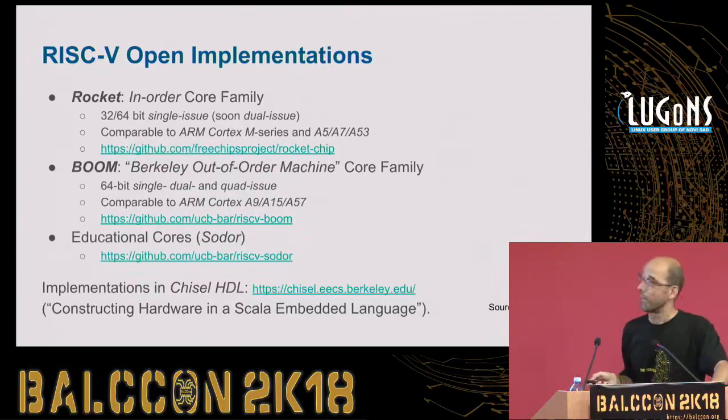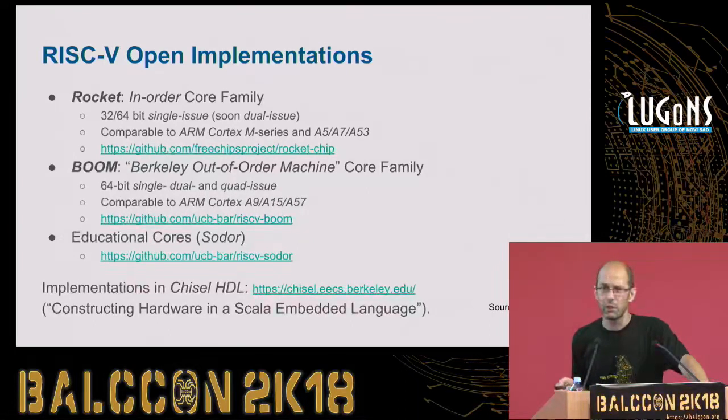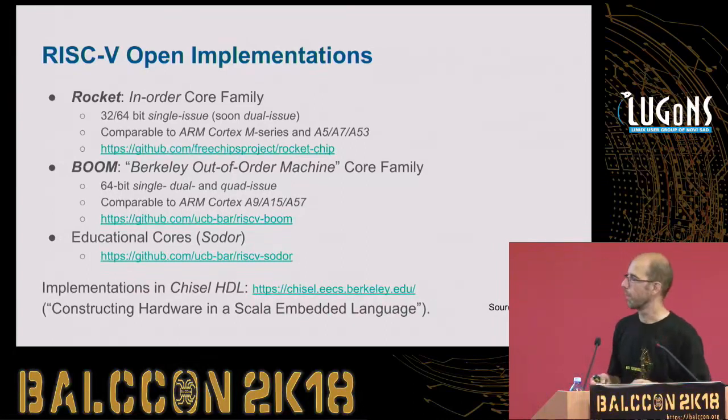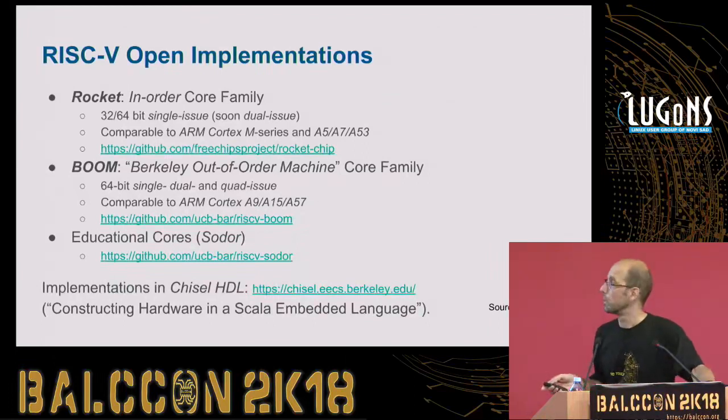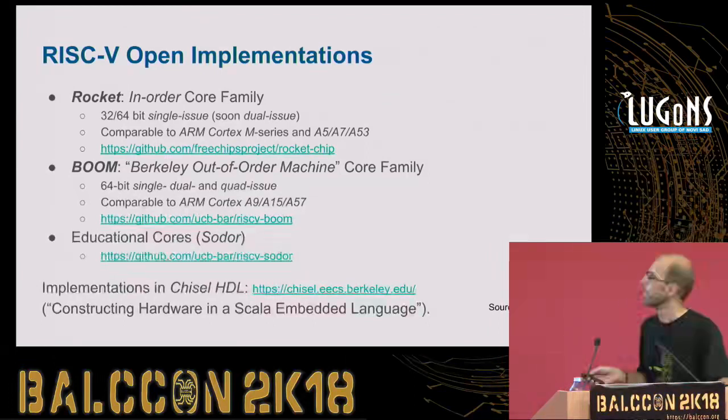So why did they choose to do their own language? Well, it allows you to generate Verilog files for ASIC, for FPGA, and C++ code for a simulator, which can be useful.